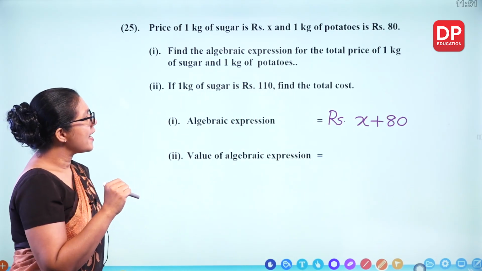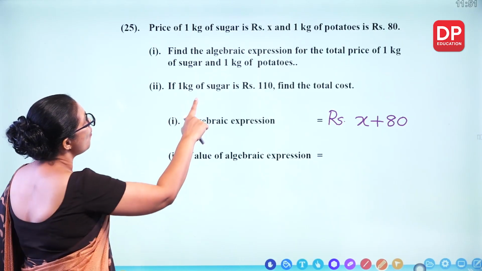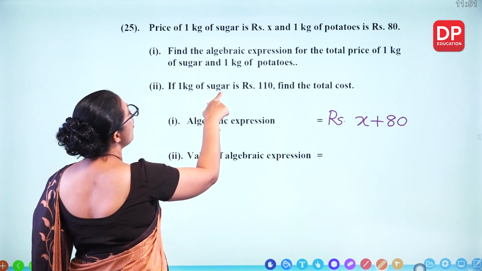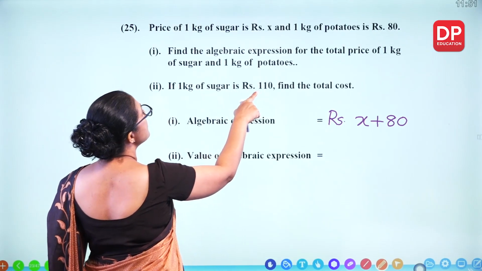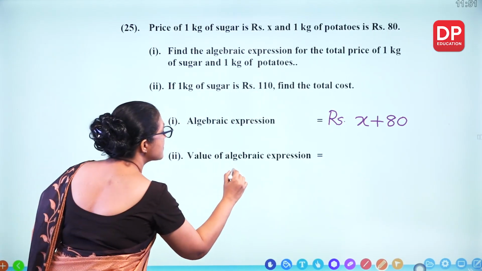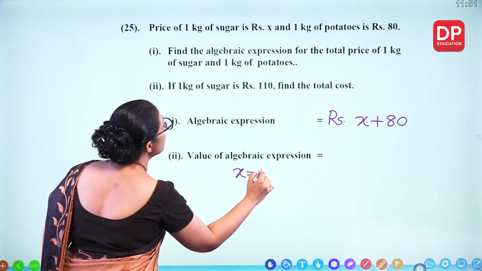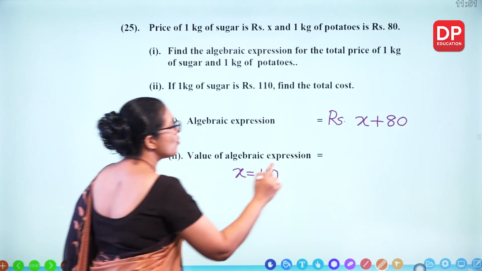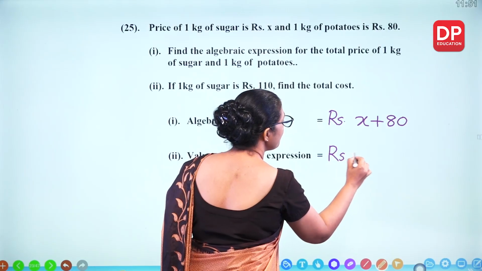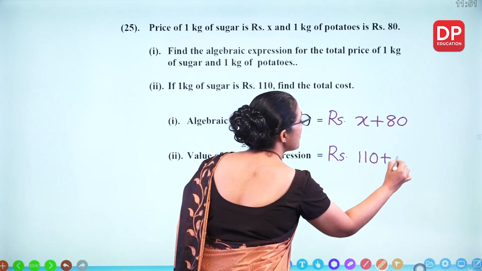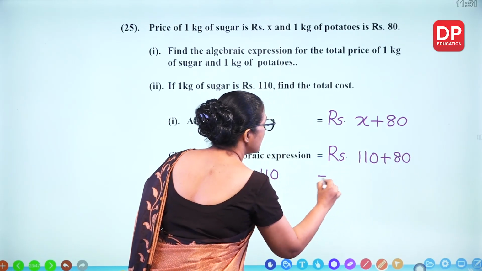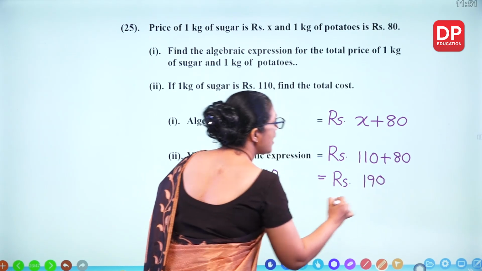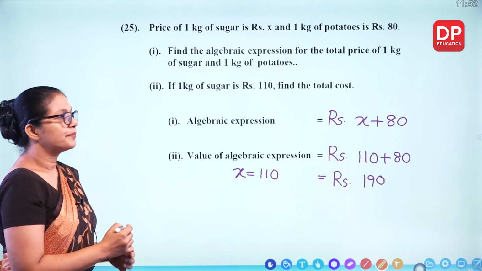Value of the algebraic expression when 1 kilo of sugar is 110, that means X equals 110. If X equals 110, so what's the price? 110 plus 80, you get 190 rupees.